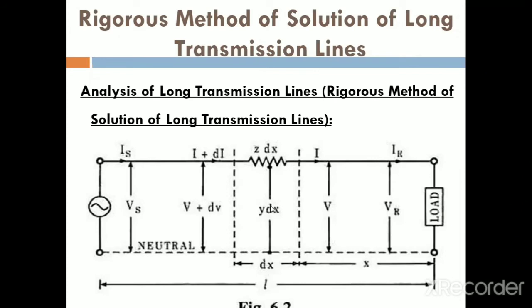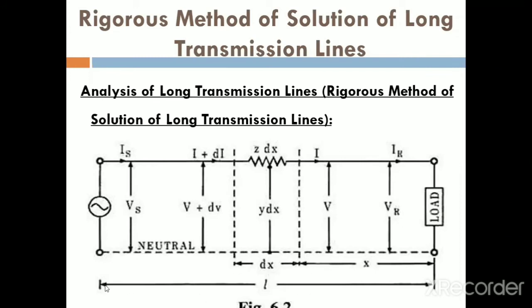Next, I is the current leaving from the small length dx. V is the voltage across the small length dx at the receiving end side.